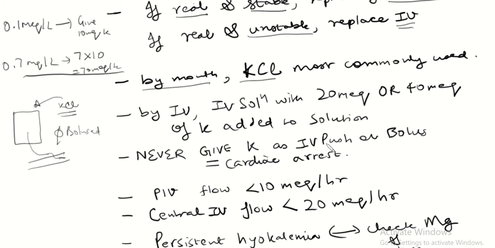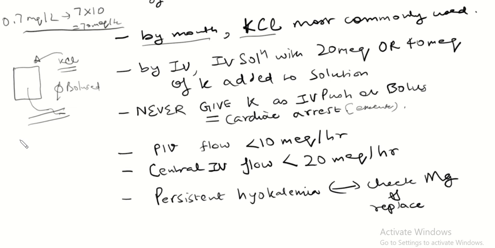Potassium is never bolused, because if you do, you will execute the patient like we execute prisoners. We kill the patient. They go into VFib or VTach and they die. So we give potassium in the solution at a set rate.